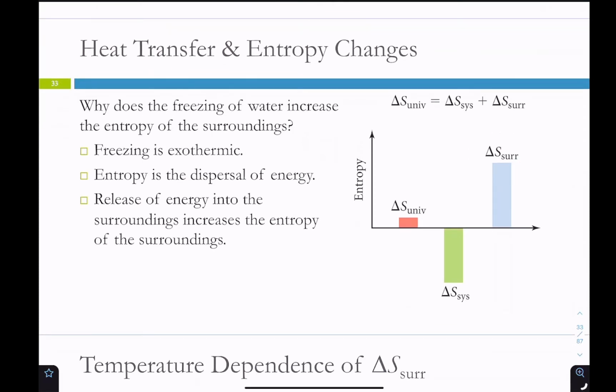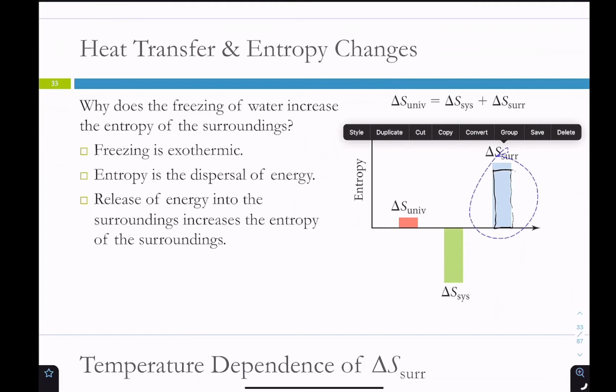This is a little bit hard to see because, oh, that did not want to be a straight line. So if I outline this, thank you. All right, so the amount that the entropy of the system decreases is a smaller, shorter rectangle than the amount the entropy of the surroundings has increased.